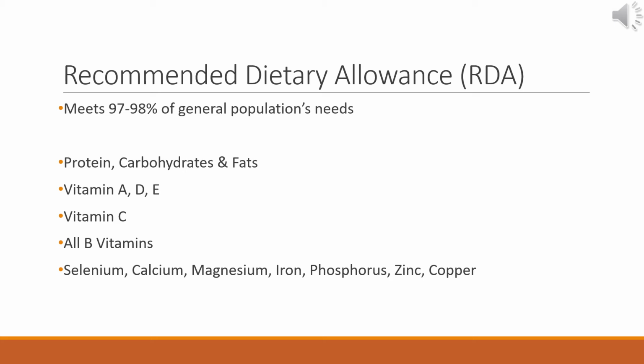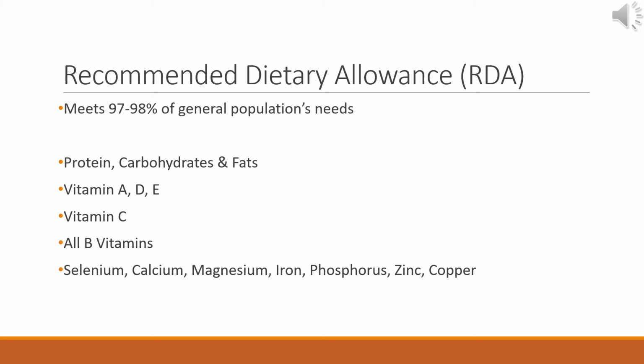What we're going to do over the next few slides is quickly address some of the different dietary reference intakes. The first one we'll talk about is the RDA, or the recommended dietary allowance, and this is the amount of a nutrient that is going to meet the vast majority of the general healthy population's needs.